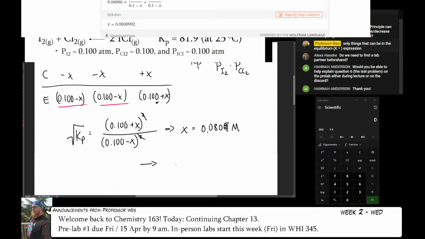So that means that at equilibrium, the pressure of I2 and the pressure of Cl2 are going to be equal to 0.1 plus that, which would be 0.180, and the pressure of ICl.